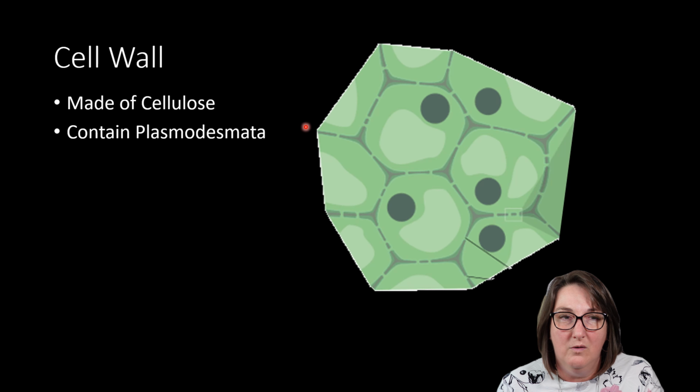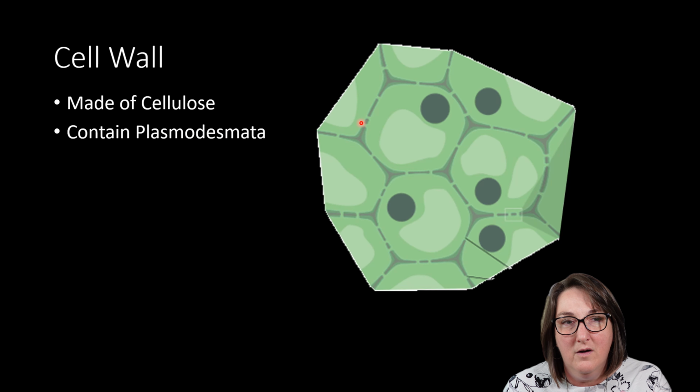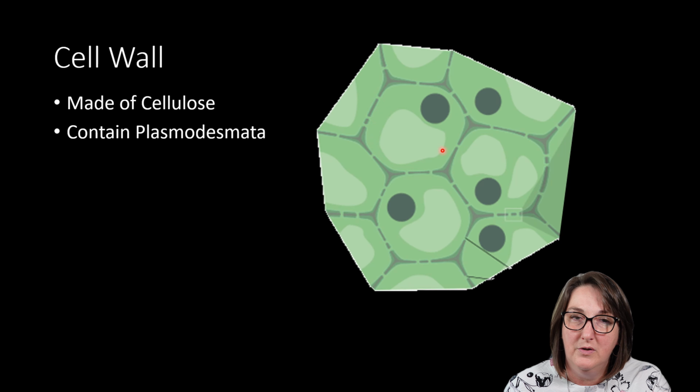And inside this cell wall, they also have what are called plasmodesmata. These are little tunnels, or little doorways, I like to call them, that allow you to get into the cell. So I go through this cell wall, then my cell membrane is right there on the other side of that cell wall. That plasmodesmata is what's going to allow material to go from one cell to the other.